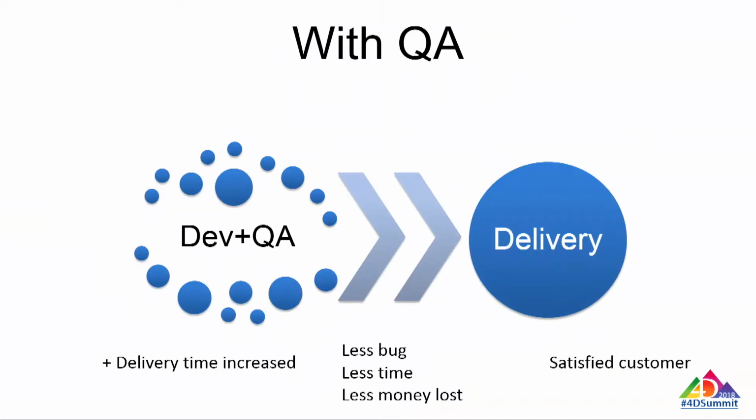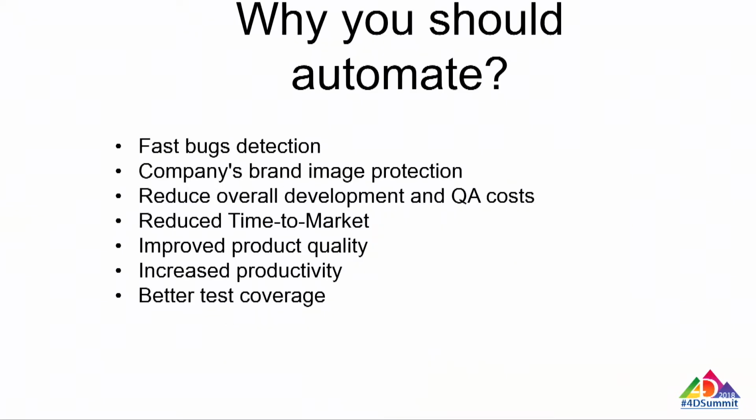And I forgot one thing here. You can do even better. For example, if you have many releases of your application, you will have to run the tests regularly for each new version of your application. So here, we really recommend that you automate those tests.